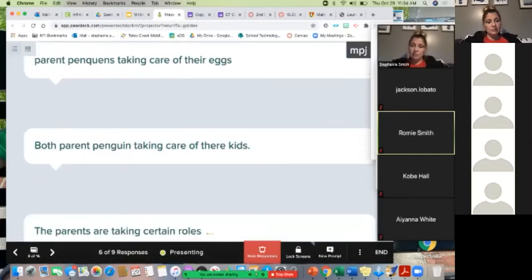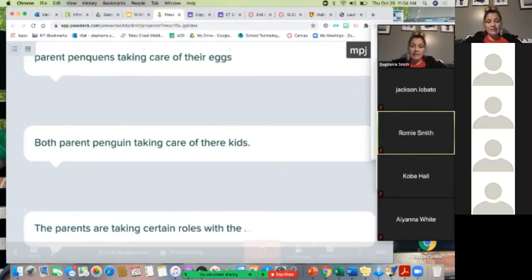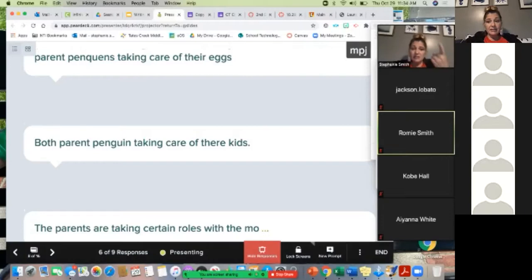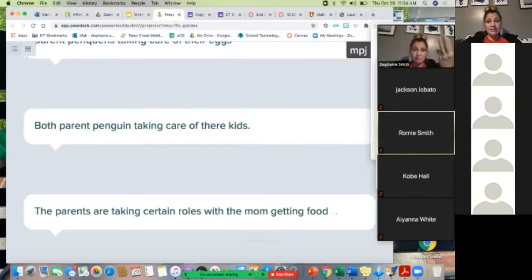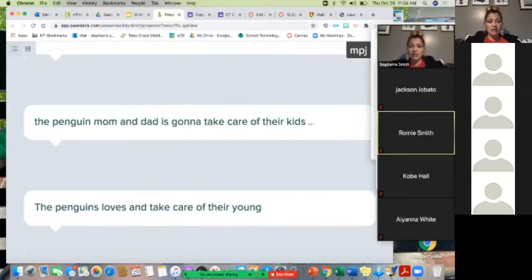This one is really good: both parent penguins take care of their kids. Yep, that is a great topic sentence that tells us what it's going to be about. The focus is on taking care of their kids. The subject is parent penguins. Good job on that. You guys are catching on here.